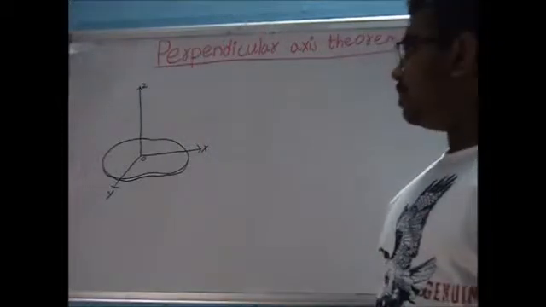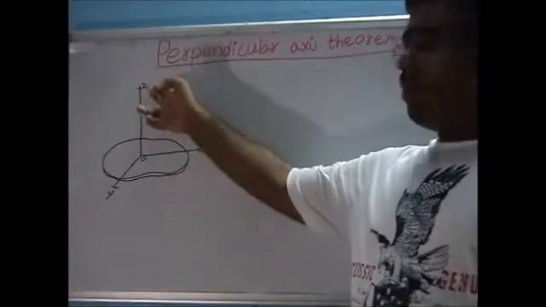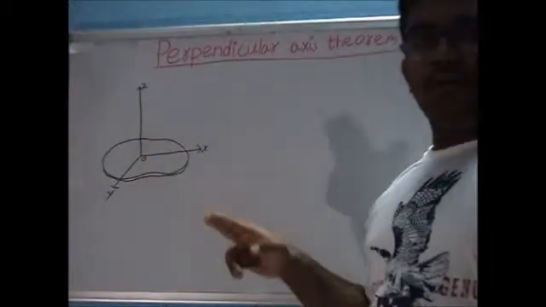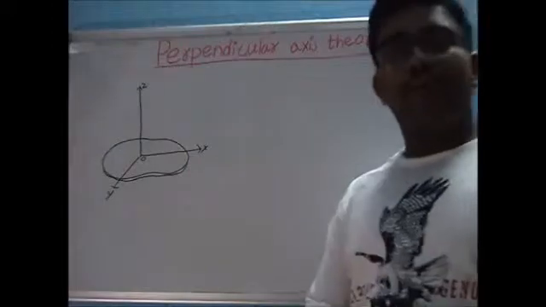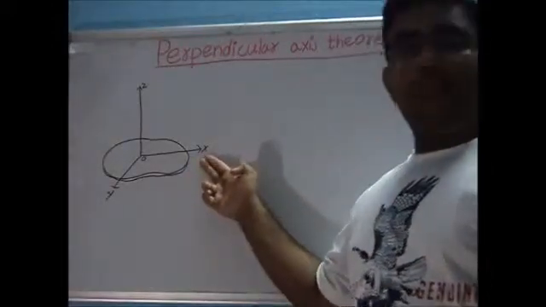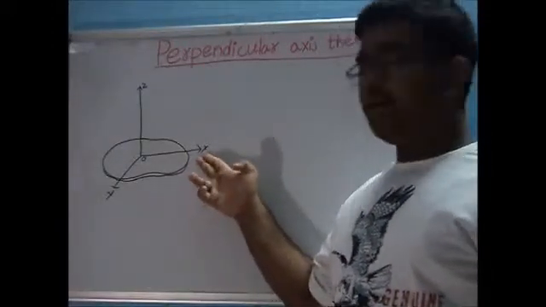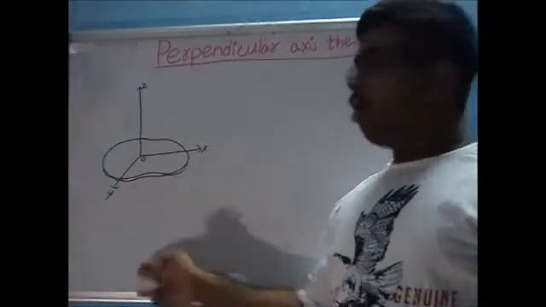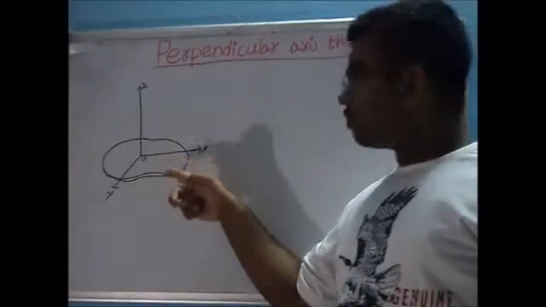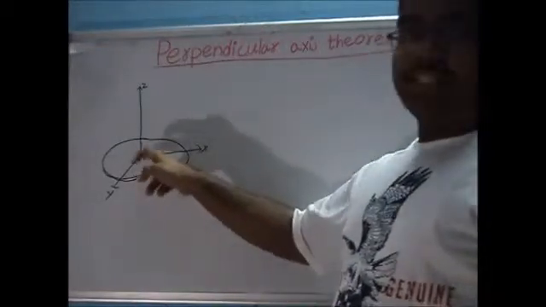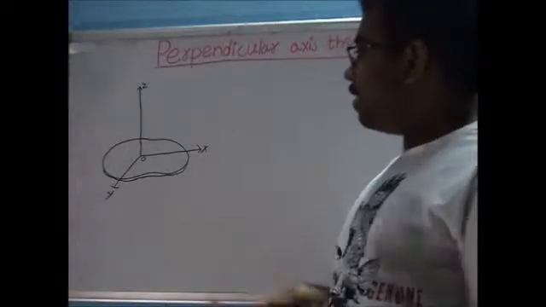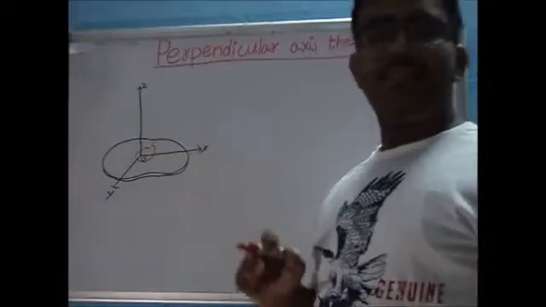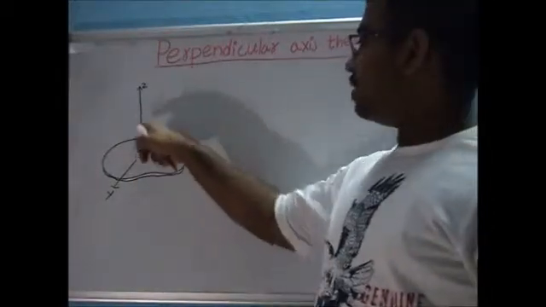Now let us understand what is the perpendicular axis theorem. The perpendicular axis theorem states that the moment of inertia along the axis perpendicular to the plane lamina is equal to the sum of the moments of inertia along the axes perpendicular to each other on the plane lamina, which intersect each other at the point where the axis perpendicular to the plane lamina lies.